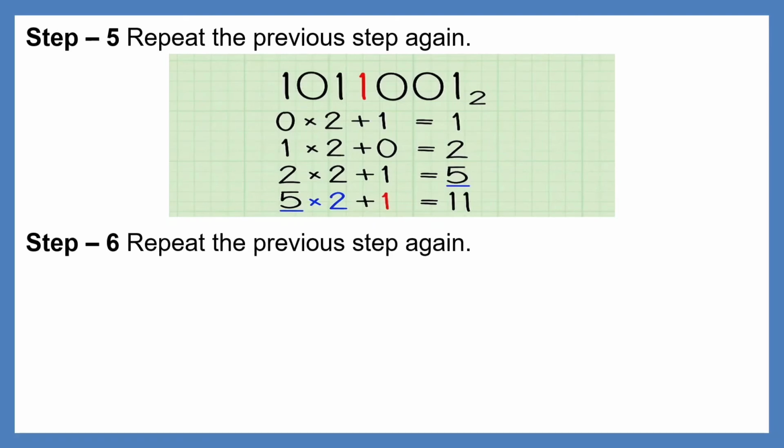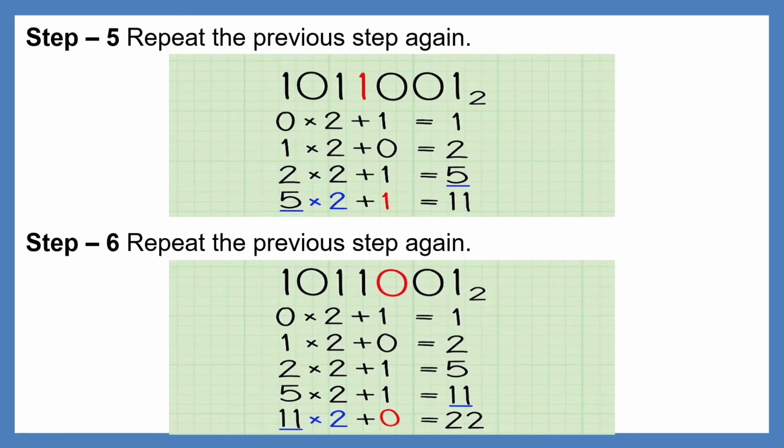And then again, to the next step. The previous total is 11, so 11 times 2, then plus the current bit, which is 0. So 11 times 2 is equal to 22.